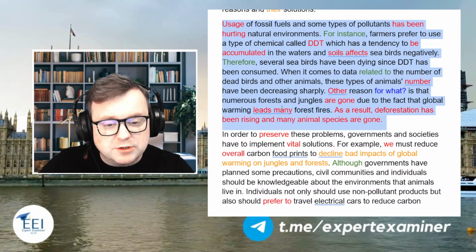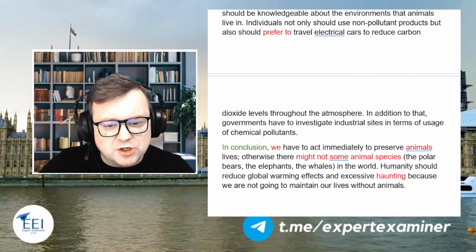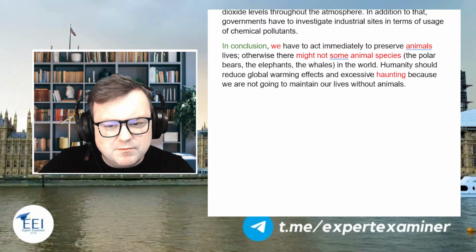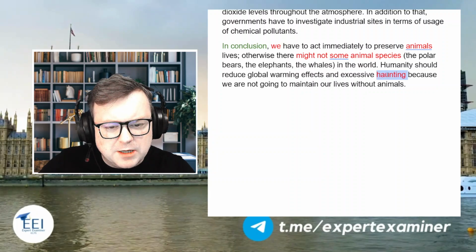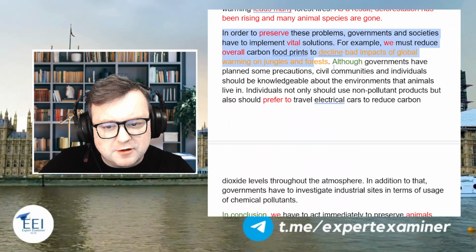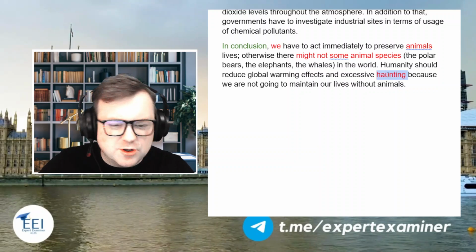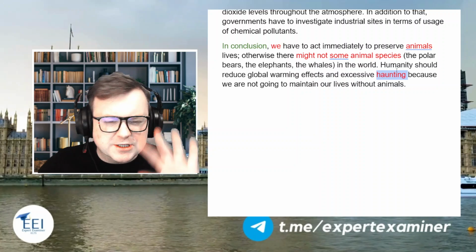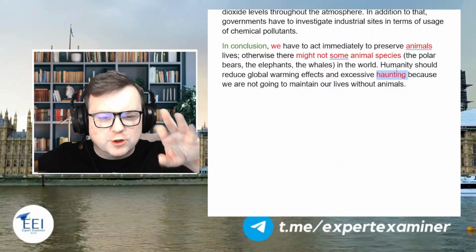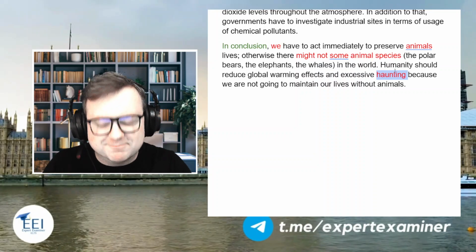That's the place where you introduce the ideas, the reasons why animals are going extinct. And if your solution is that we should reduce hunting, then put that in body paragraph 2. Not in the conclusion. And also hunting, not haunting. Haunting is where ghosts follow you. You know, where ghosts live in your home and they go, ooh, that's haunting.